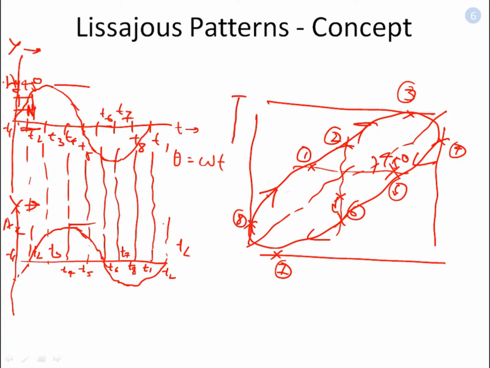These two amplitudes can be checked from the origin, and if they are the same, then AX equals AY, and if they are different, then AX will differ from AY. That will again determine another position of the axis of the ellipse.